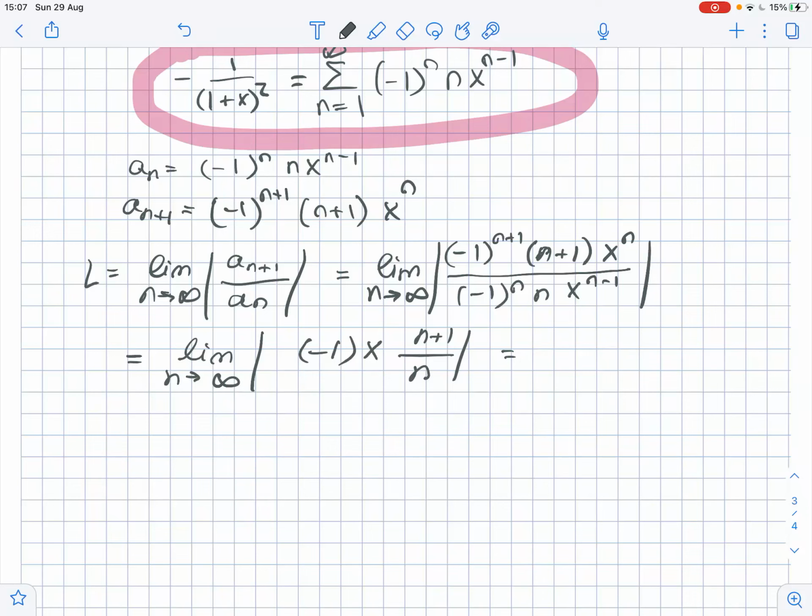Then we get that this equals the absolute value of x, and we need it to be less than 1 for our series to be convergent. So we get that x lies between negative 1 and 1.